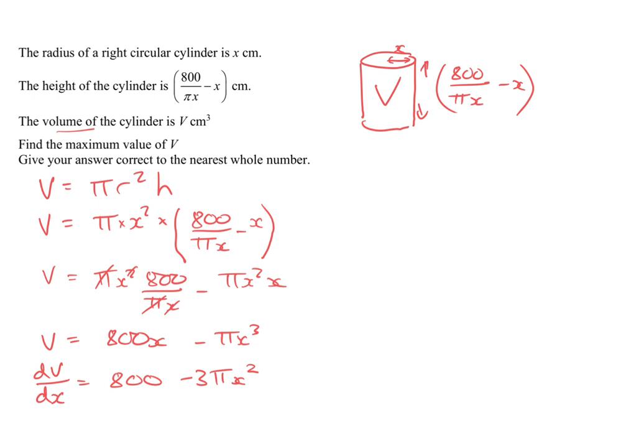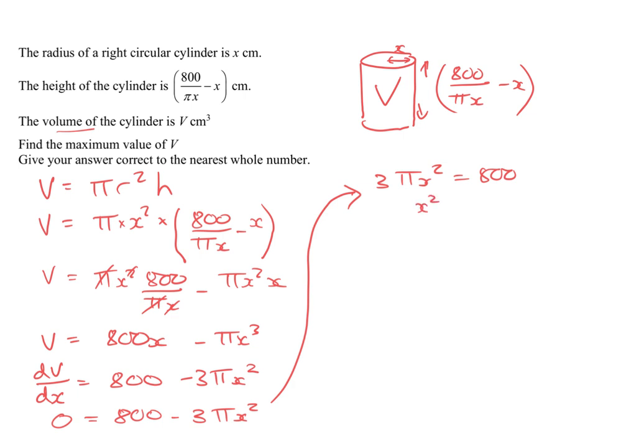So that's our expression for dv by dx. And we want to find the maximum, so we would put that equal to 0. So we would write 0 equals 800 minus 3 pi x squared. Let's rearrange that slightly. So 3 pi x squared is equal to 800.